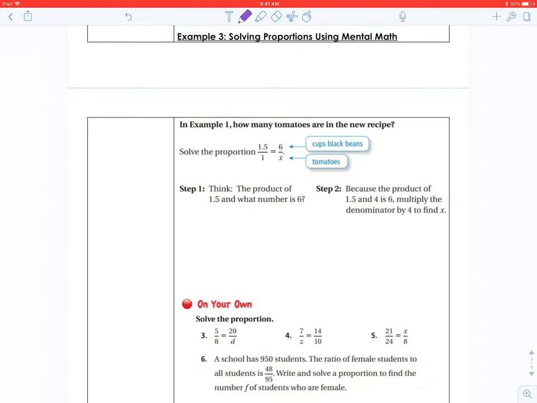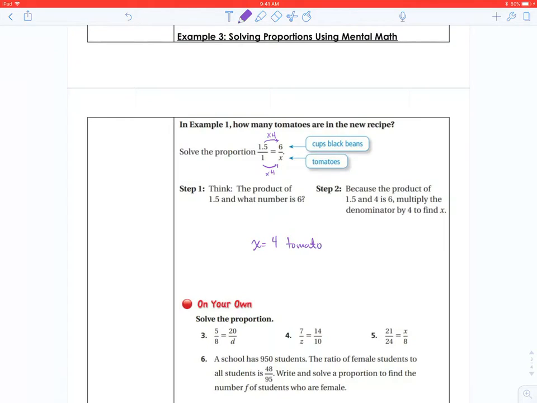So we're gonna also solve that out mentally and think about what does 1.5 need to be multiplied by to get to 6. So 1.5 needs to be multiplied by 4 to get to 6. And because 1.5 needs to be multiplied by 4 to get to 6, we're going to also multiply the bottom by 4, which means that the new number of tomatoes that we're going to use is 4.